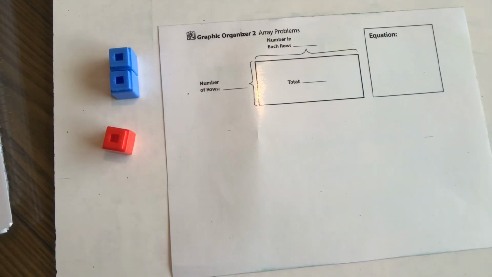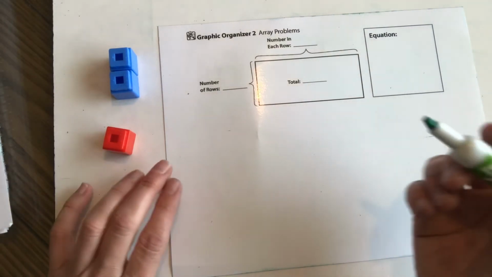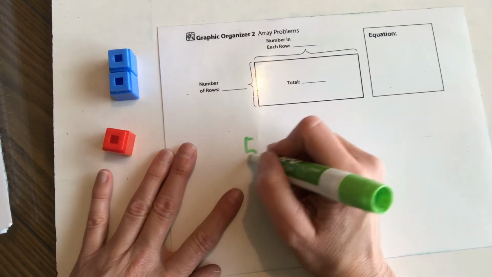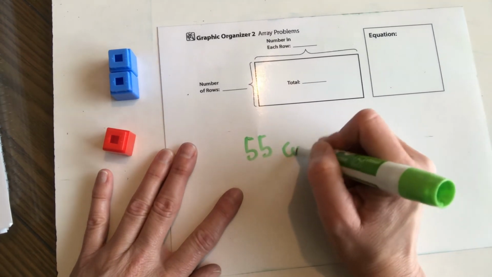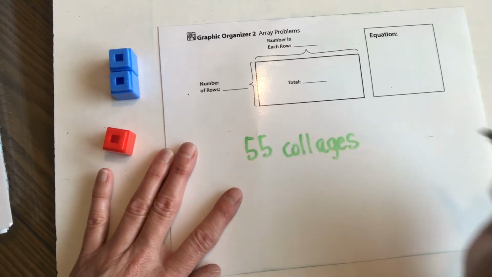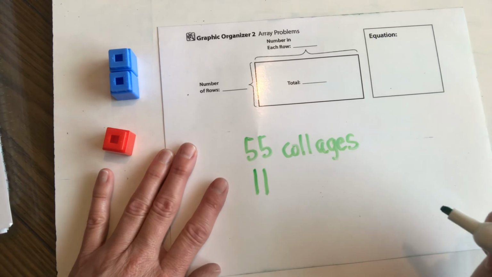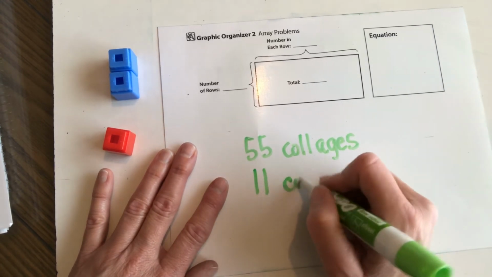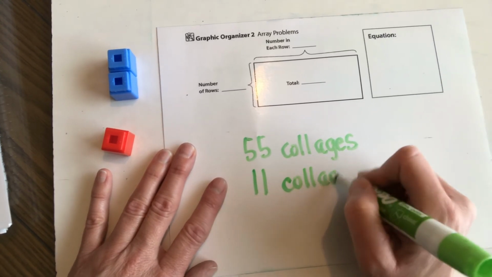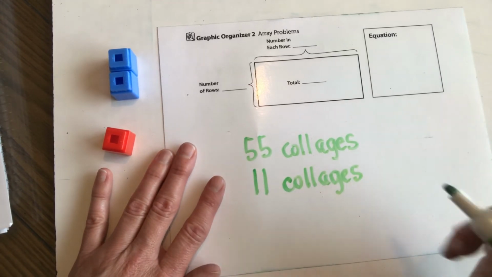The kindergartners are going to display their shape collages in the front entry downstairs in the hallway. There are 55 collages. So I'm going to write that down. 55 collages. And the kids want to put 11 in each row. 11 what? 11 collages. Our stories are not always clear about that, but we have to really think logically about the story.